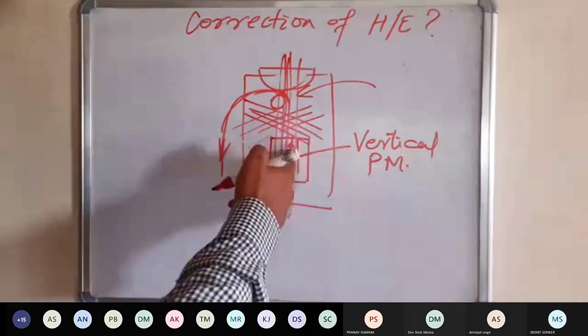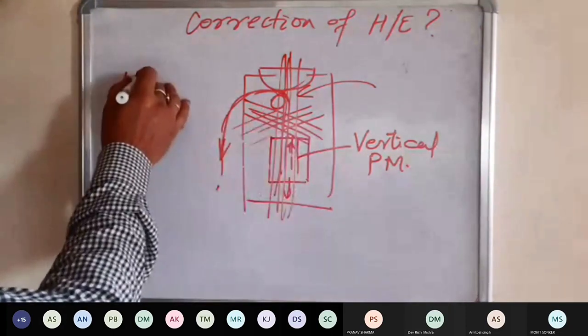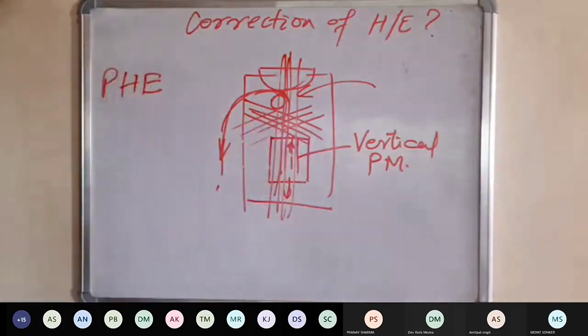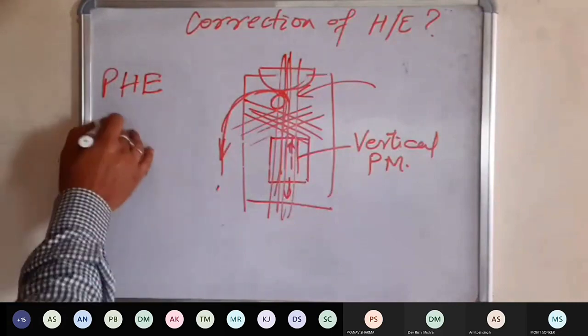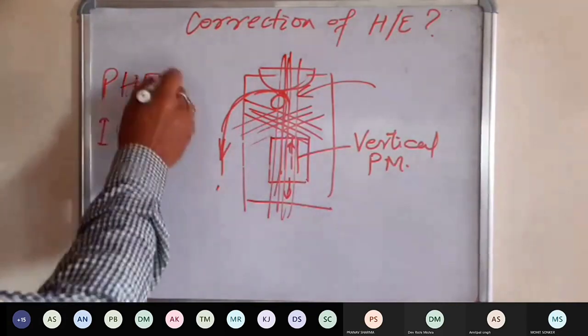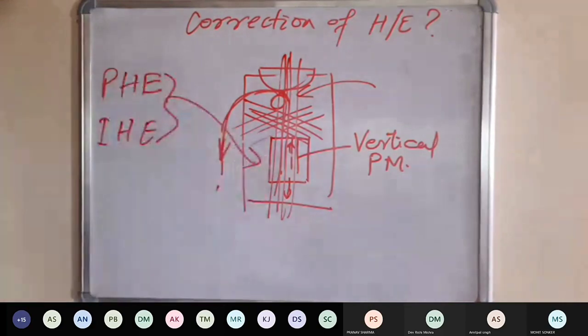So we had, remember that HE was because of permanent and we had induced heeling error. Both are corrected with the help of this.